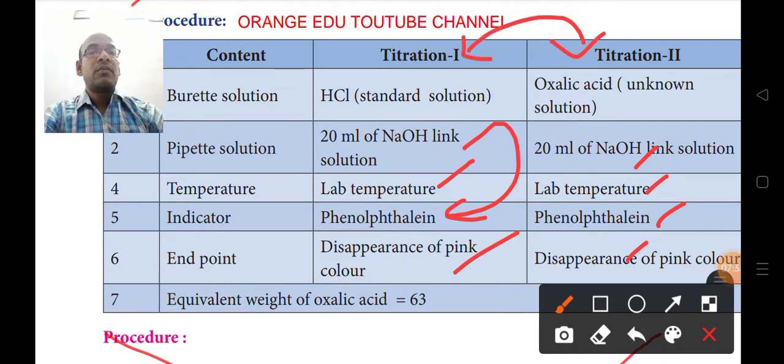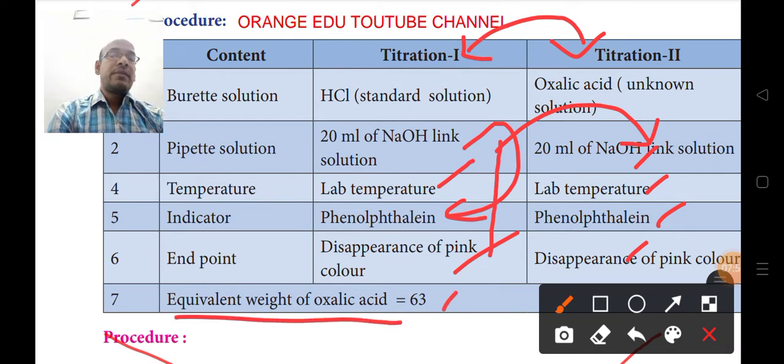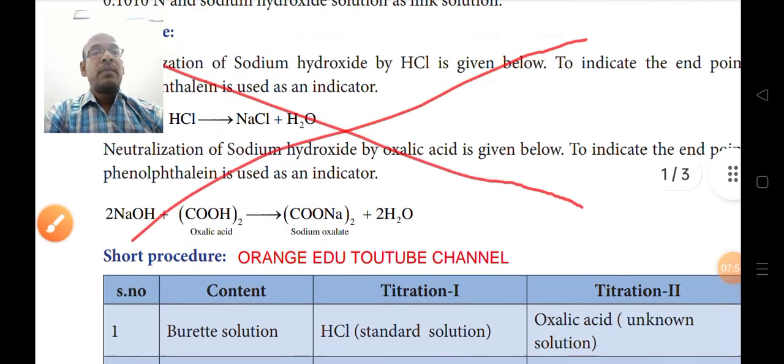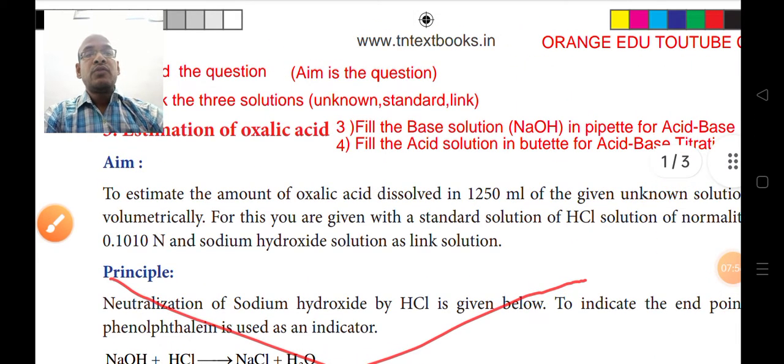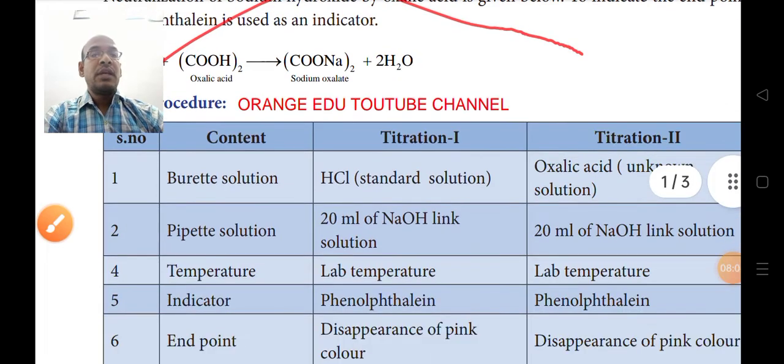Therefore, once you simply study one side, then write on the other side. Therefore, it becomes easy. The equivalent weight of oxalic acid is 63.